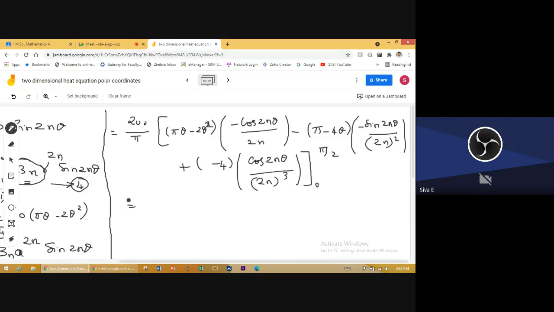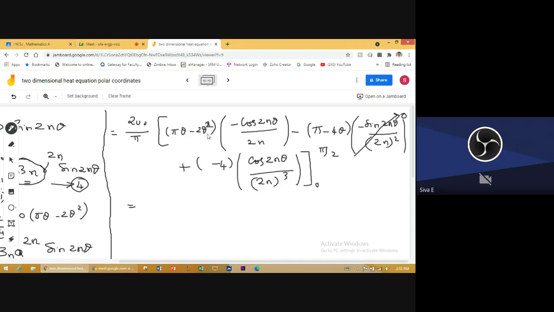So if you are substituting pi by 2 here, what happened? Pi into pi by 2. You are substituting 0, leave it. Substituting theta equal to pi by 2, sin n pi will come, so this term will be 0. Substituting 0, you will leave it because theta equal to 0.